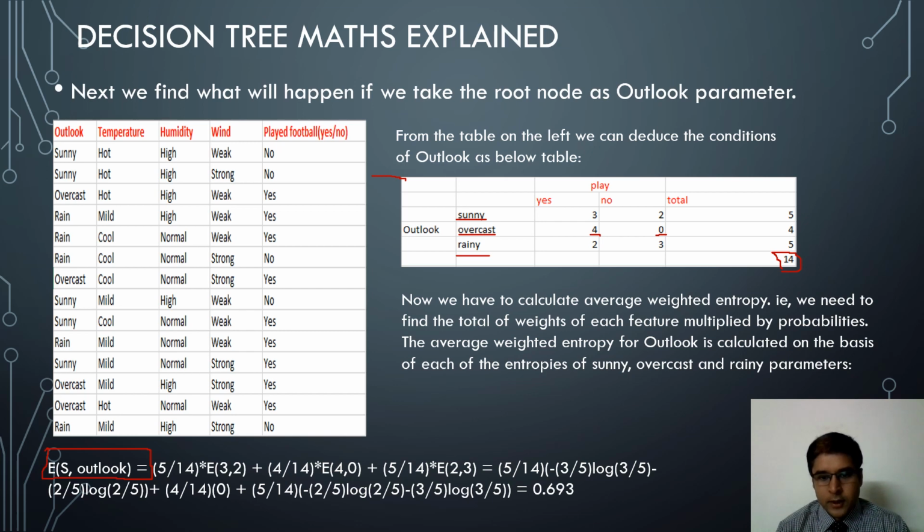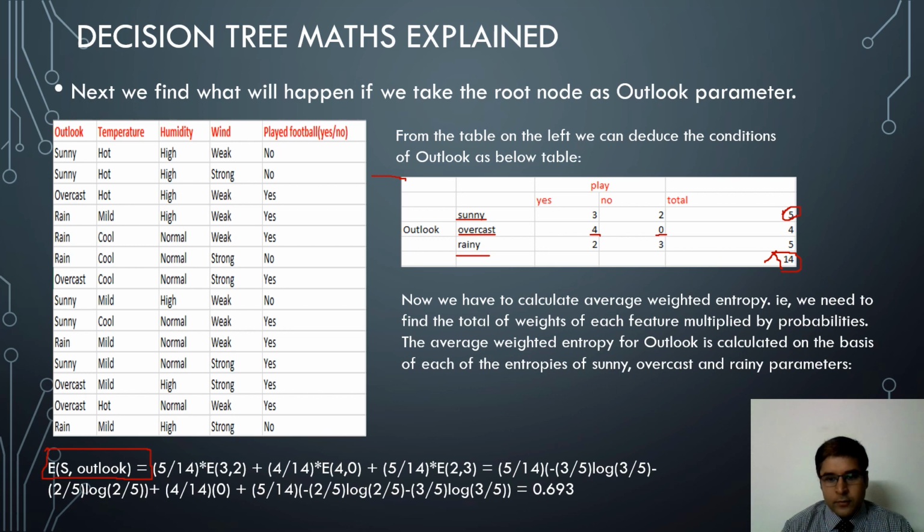So what we need to calculate is the average weighted entropy. That is, we need to find the total of weights of each feature multiplied by probabilities. So the weight for sunny will be 5 by 14, since this is 5 here. That will be the weight of the sunny feature. Similarly for the overcast feature the weight will be 4 by 14, and for rainy it will be 5 by 14.